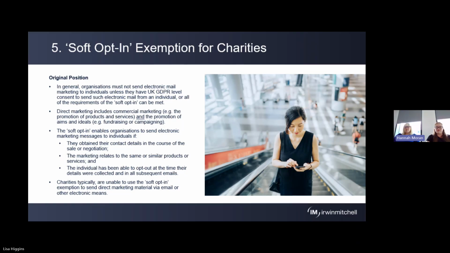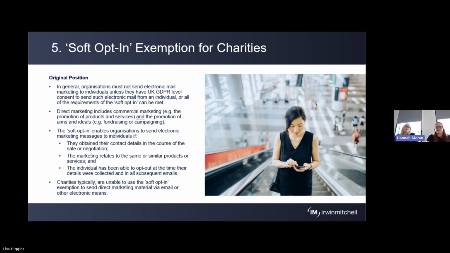And the other one is potentially the soft opt-in. Now, the soft opt-in is from an electronic point of view, and I am talking about electronic marketing in this section for charities. One of the things that makes electronic marketing, so email, SMS, quite difficult is that in addition to UK GDPR, you've got the Privacy and Electronic Communications regs that sit on top of it, and they add an extra layer of compliance on top of UK GDPR, where you're talking about email.